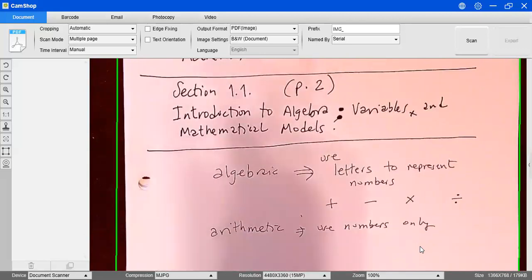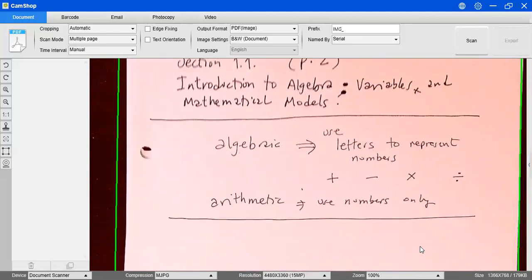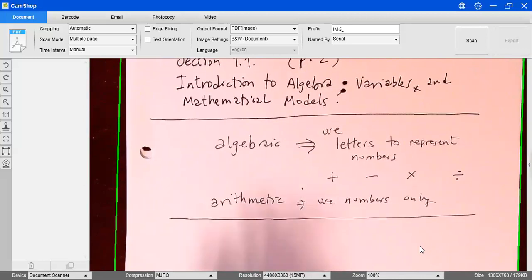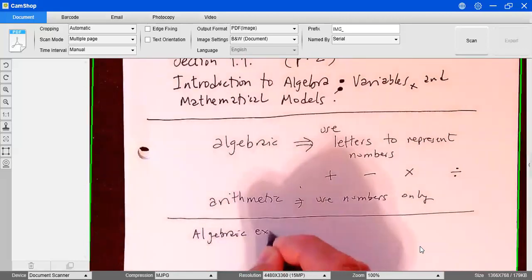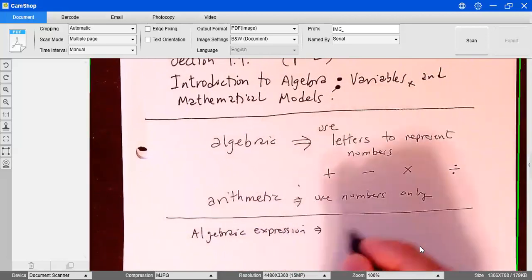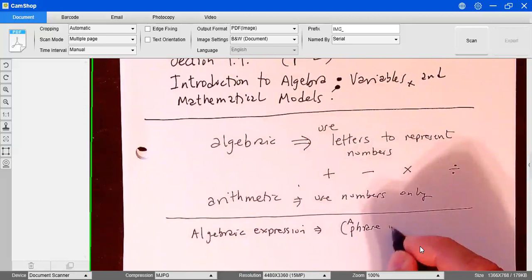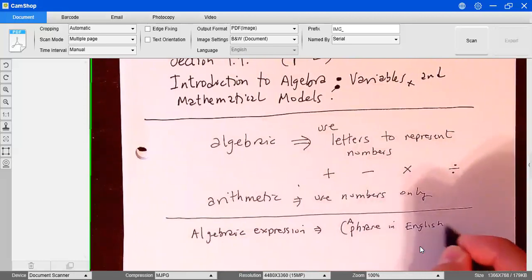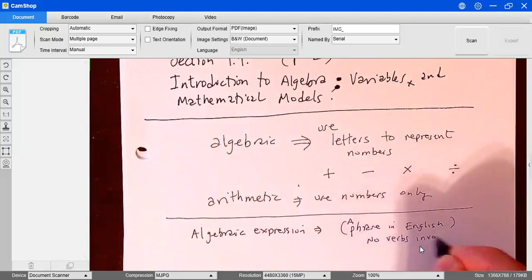So we need to understand very, very carefully the definition of algebraic expression and the definition of equation, algebraic equation. When we say algebraic expression, what we are talking about is like a phrase in English, meaning that there are no verbs involved.